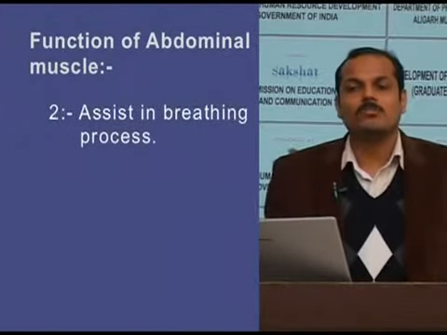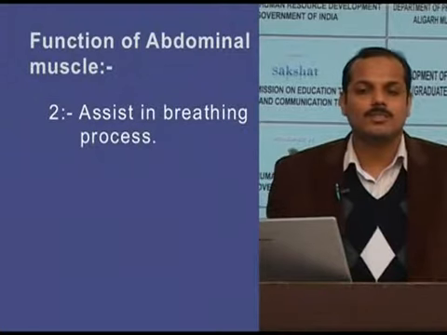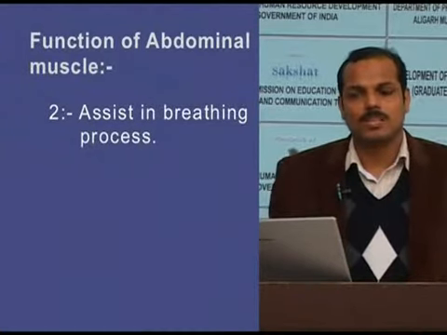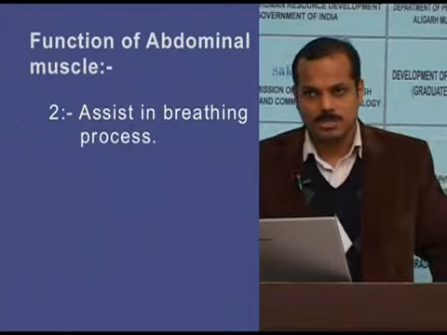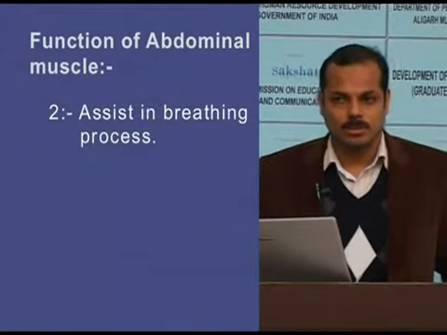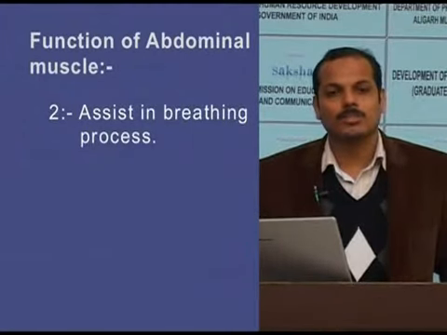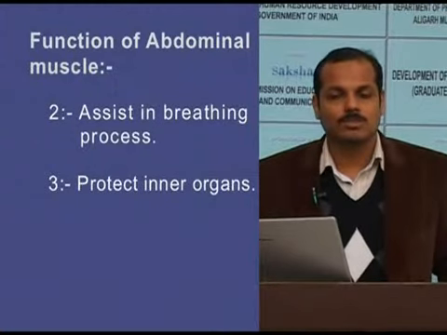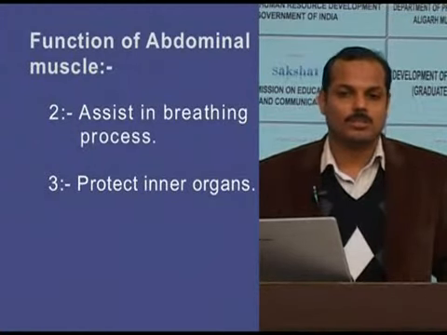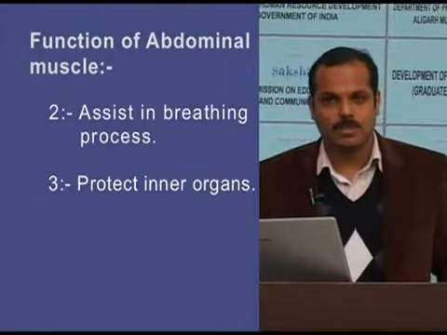The second function of the abdominal muscles is that they assist in the breathing process. They are a secondary important muscle in assisting breathing. The third important function is that these muscles protect the inner organs in the abdominal area. We will go through the functions again.